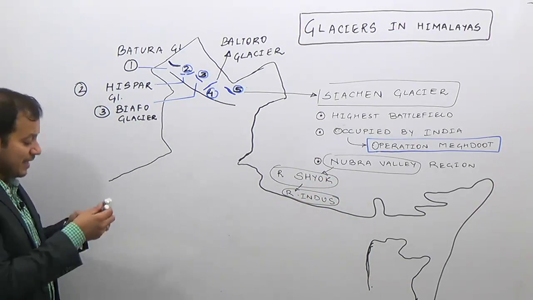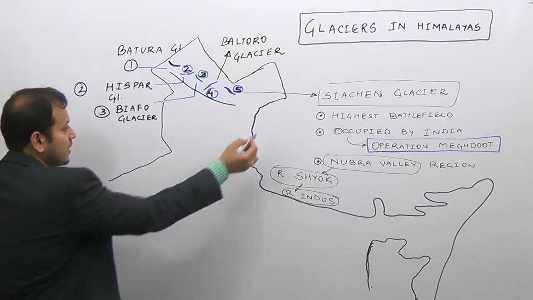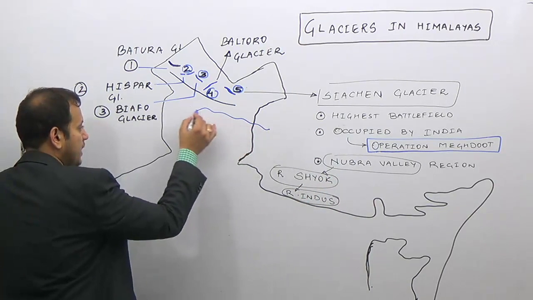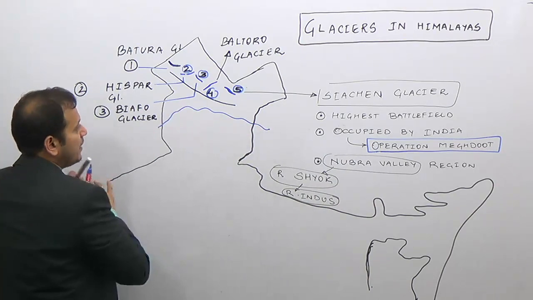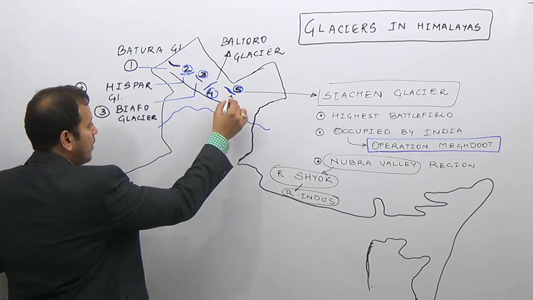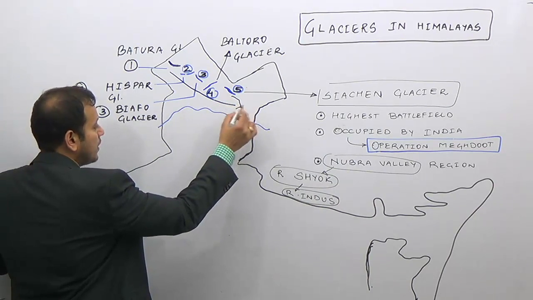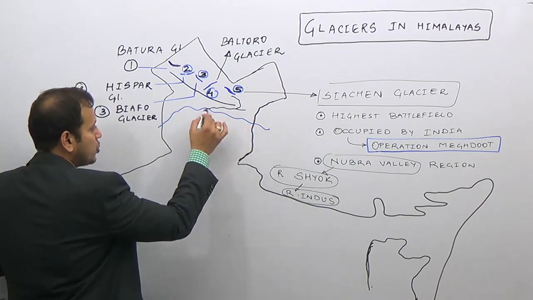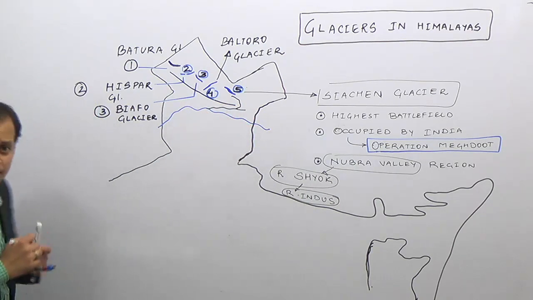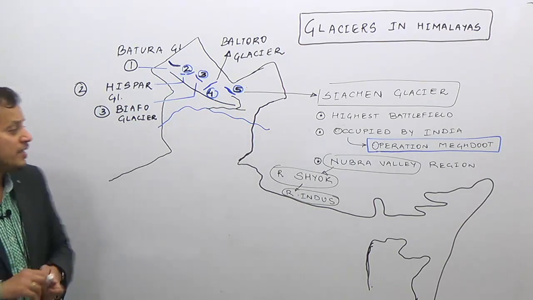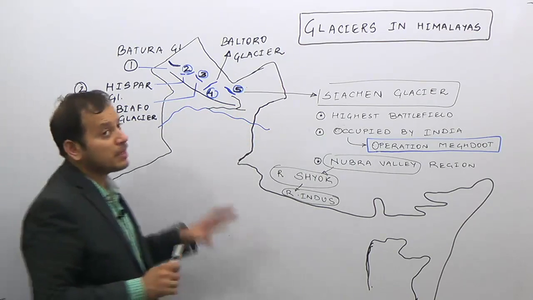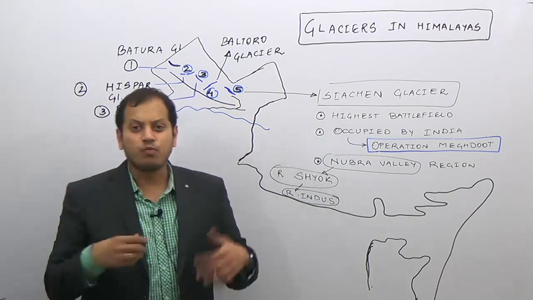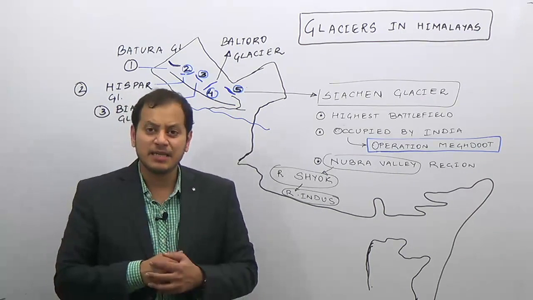This is the Ladakh mountain range, where the river Indus is flowing, and the Shyok will finally join the Indus. So these are the important points to remember about the Siachen Glacier. What are the other points which can come in the examination?